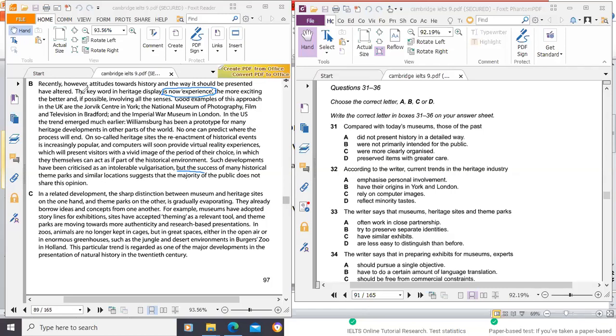The keyword here that looks like what they're talking about is now experience. So let's look at the question itself. According to the writer, current trends in the heritage industry emphasize personal involvement. This looks like it. Have their origin, we've crossed this out already. Rely on computer images?